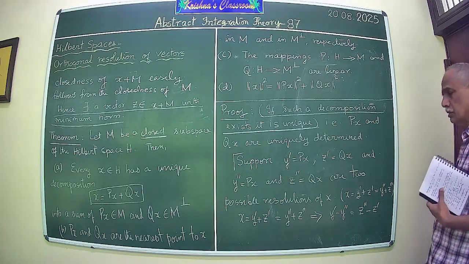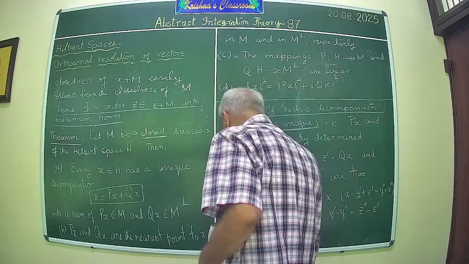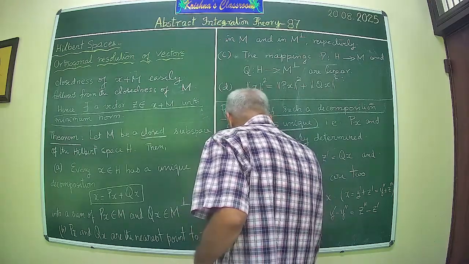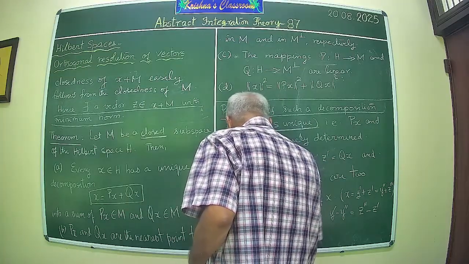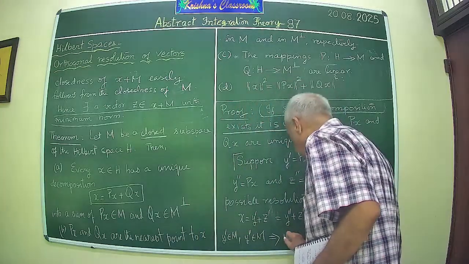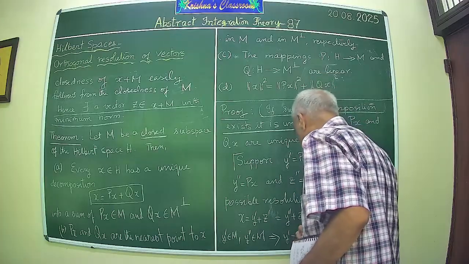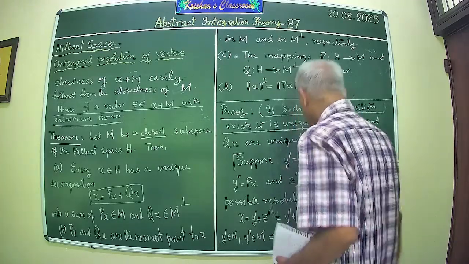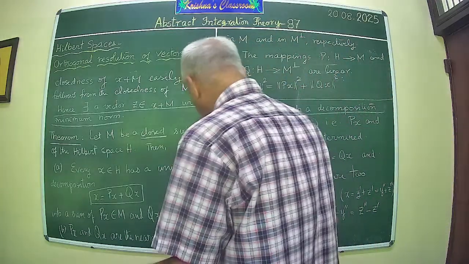Okay. Now we observe that y prime belongs to M, y double prime belongs to M implies y prime minus y double prime belongs to M. Okay. The second statement is this.